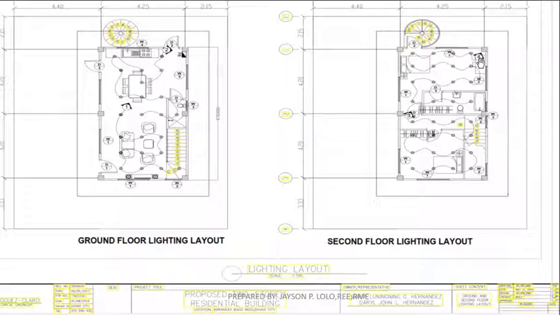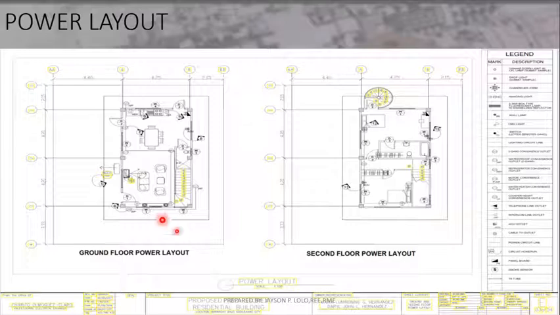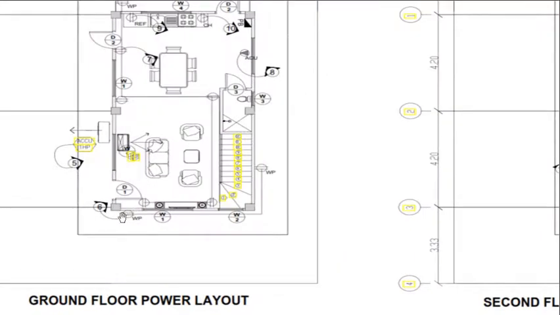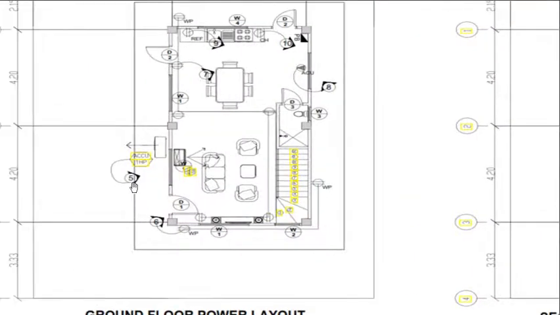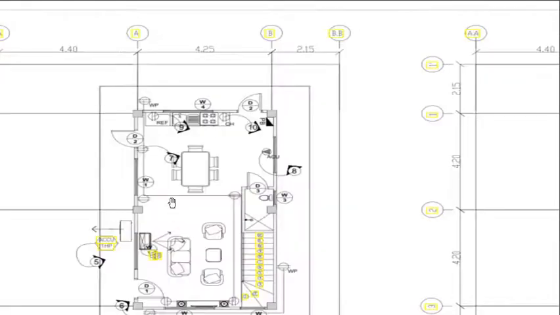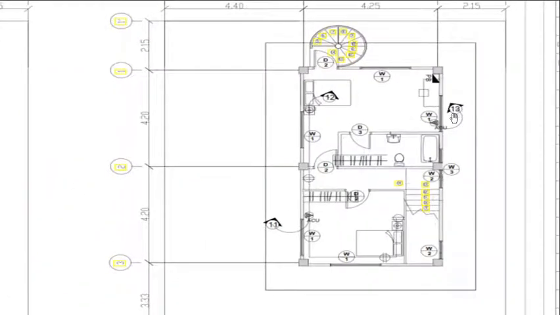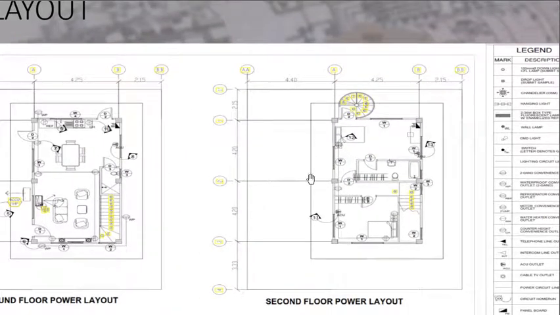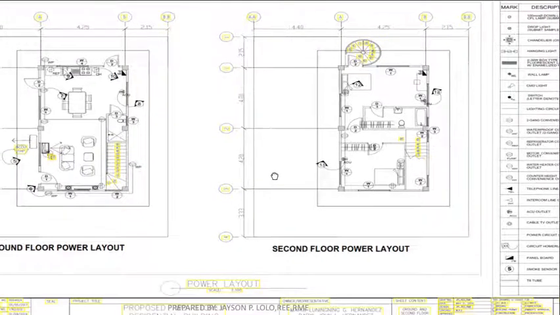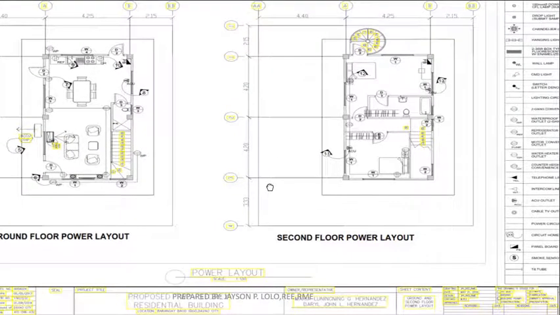So we stop at circuit number 4, and in the power layout, from 4 it starts at 5, 6, 7, 8, 9, and 10. Then 11, 12, and 13. So overall, you have 13 branch circuits for this two-story residential building.